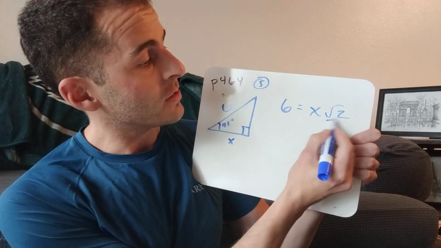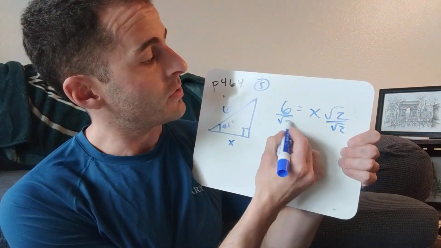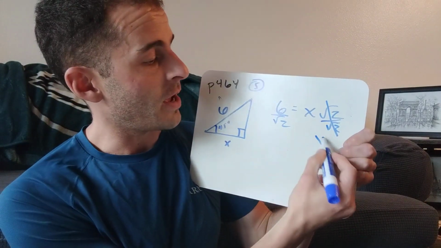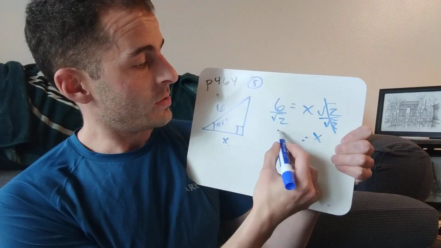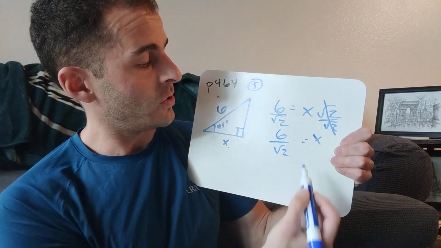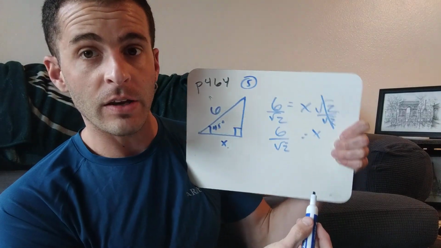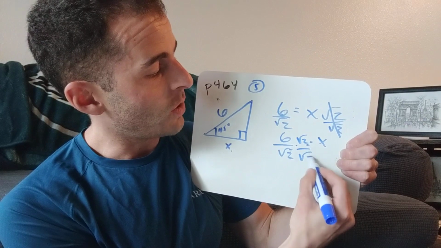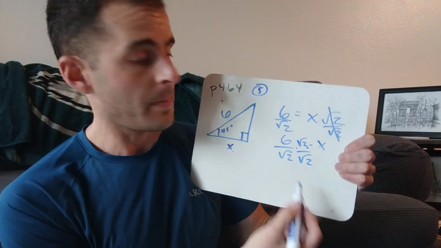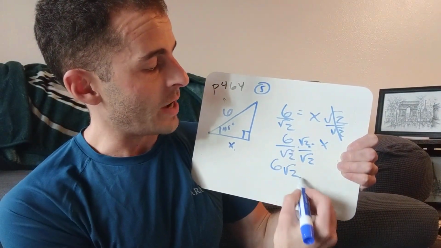So to solve for x, I'm going to have to divide by rad 2 on both sides. That cancels out. I have x alone. Okay, so 6 over rad 2, I can't simplify that any further as the fraction goes. I'm going to have to multiply by rad 2 over rad 2 to rationalize the denominator. So on top I have 6 rad 2.